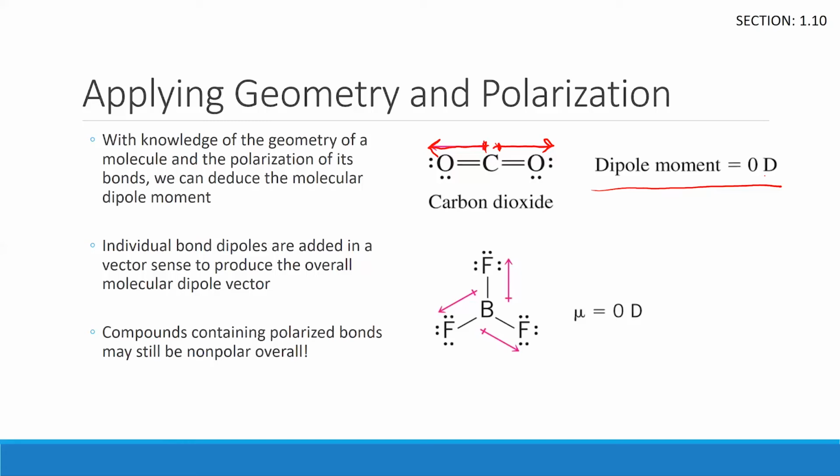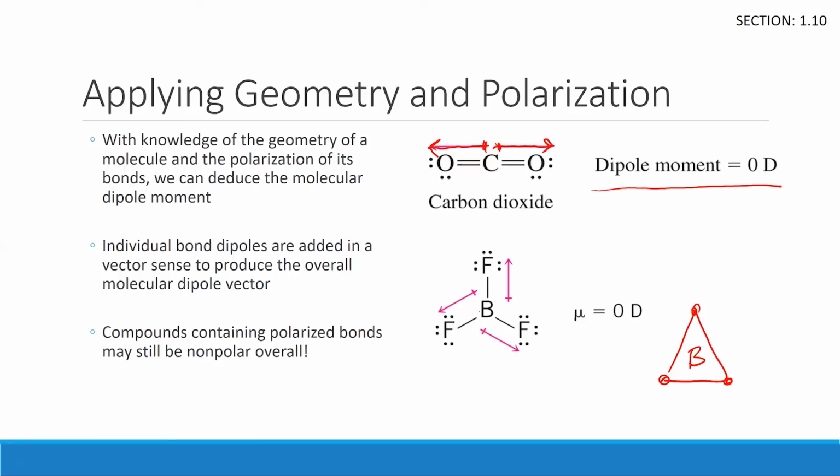Here's another example. This is boron trifluoride. We saw this in the molecular shapes as well. It is a trigonal planar, so it's flat. It's flat like a triangle. If you were to lay this out, you would see that it's flat where each fluorine is on each point here and the boron is in the center. Imagine that being flat, and we know that each of these bonds is very polar. So the fluorines are very electronegative.